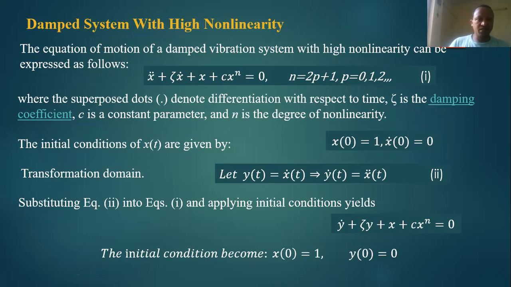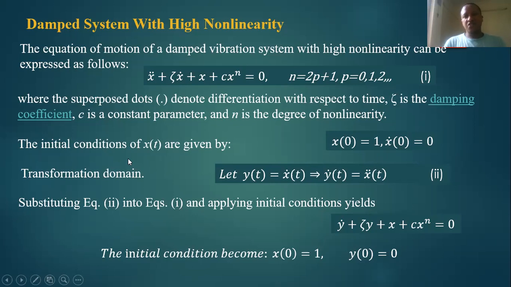The superposed dots denote differentiation with respect to time, zeta is the damping coefficient, c is the constant parameter, and n is the degree of nonlinearity.